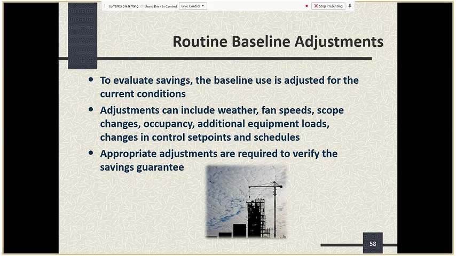Then you can look at additional equipment loads that have come on that might be affecting the M&V method that you're using, or changes in control set points or schedules. A good example of that would be for the small HVAC renovations.